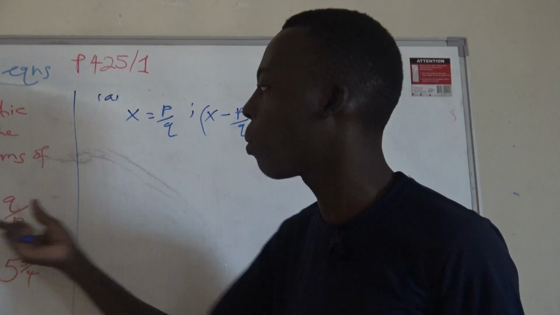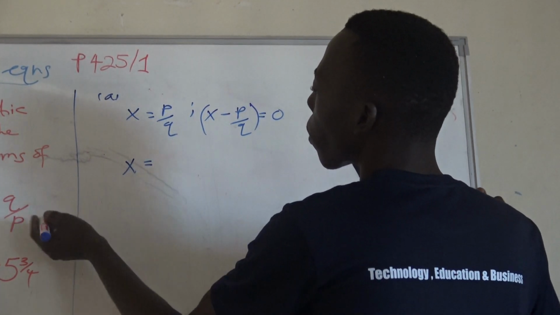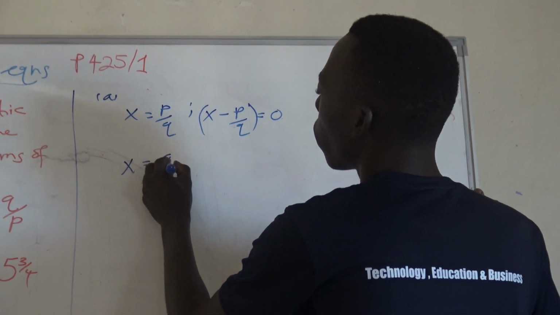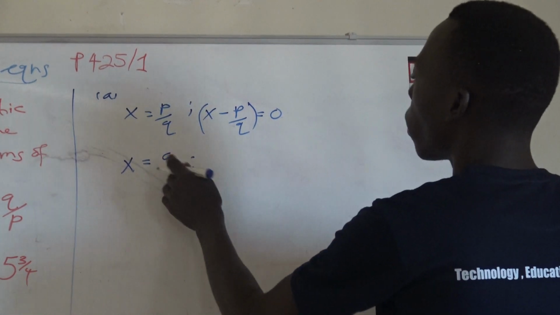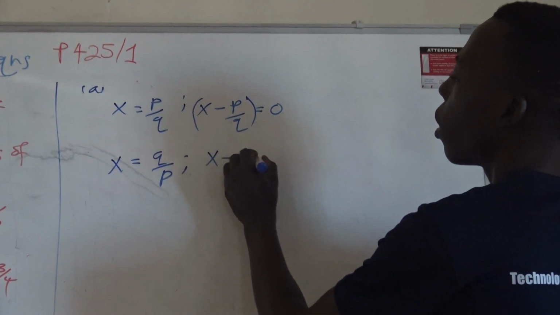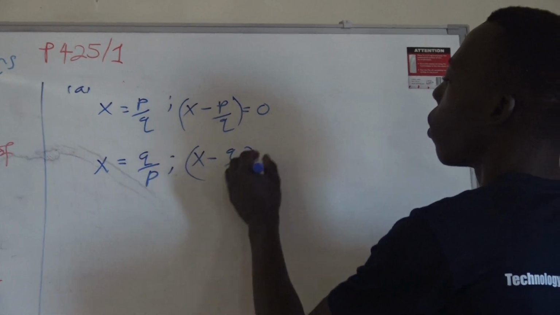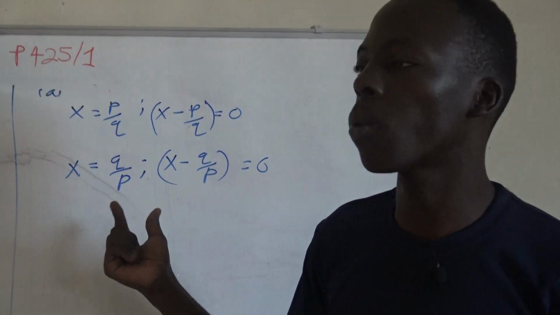Also we go to the second one. They say that x is also q out of p. So after taking this to the left side, it will be x minus q out of p equals 0. So those are the 2 points which we have.